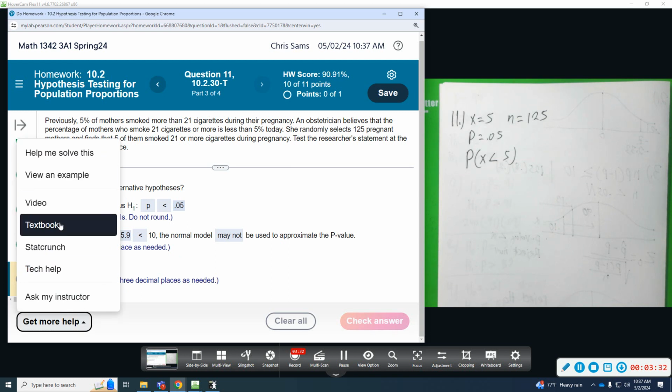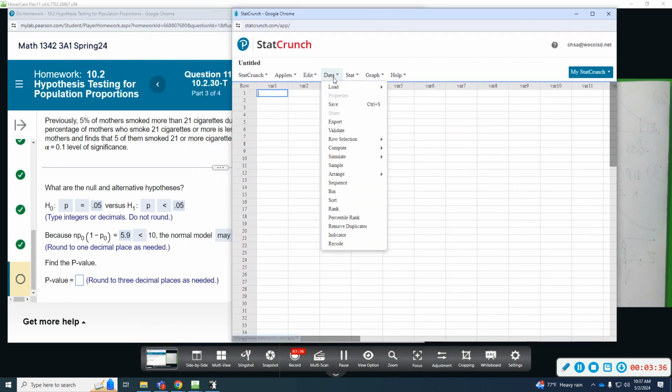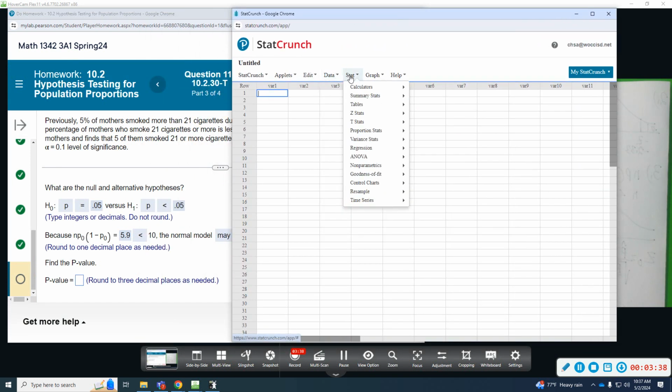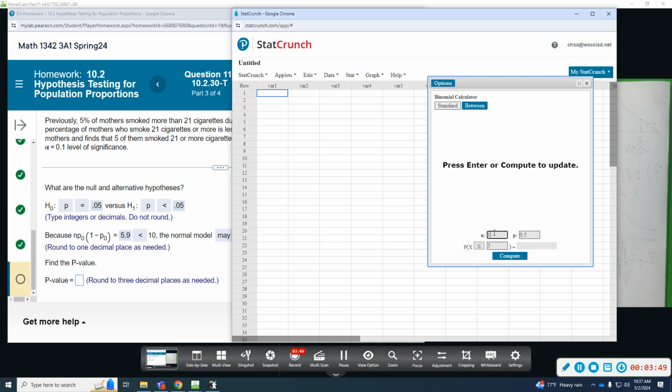So we're going to go to StatCrunch. Since we can't use normal, we have to go to stat, and we're going to go to calculators and binomial. So this is a method that we learned beforehand. So n is 125. Probability of success is 0.05. And we want less than 5.